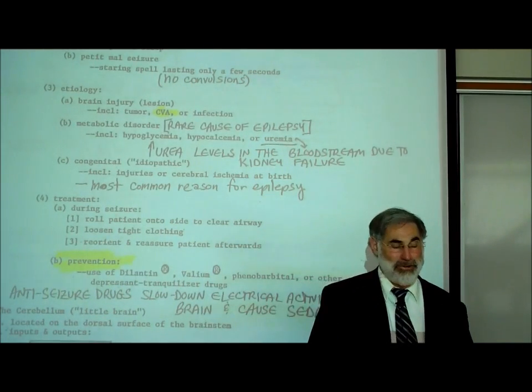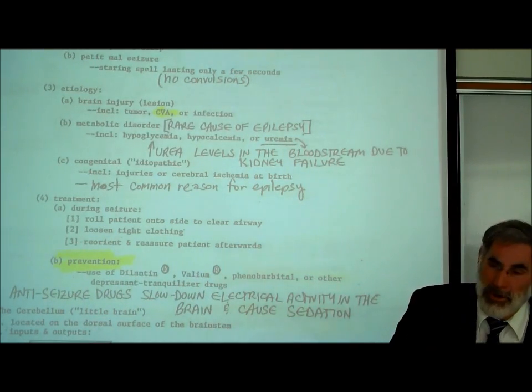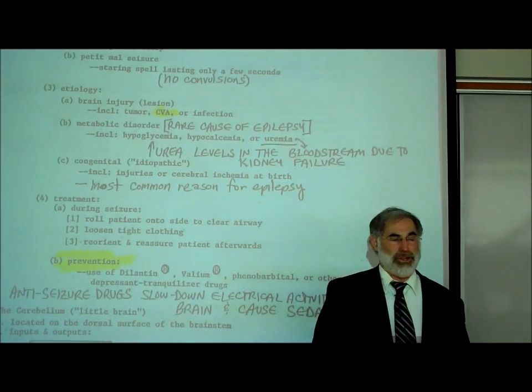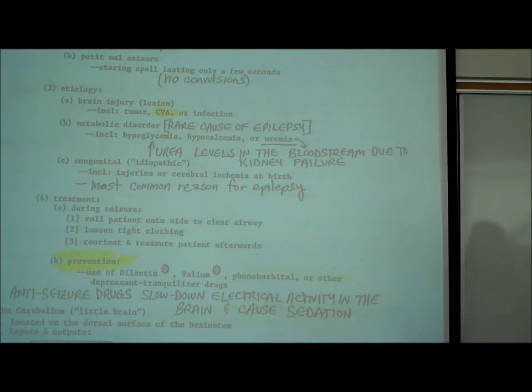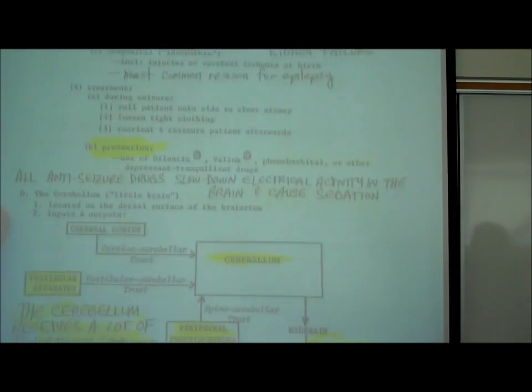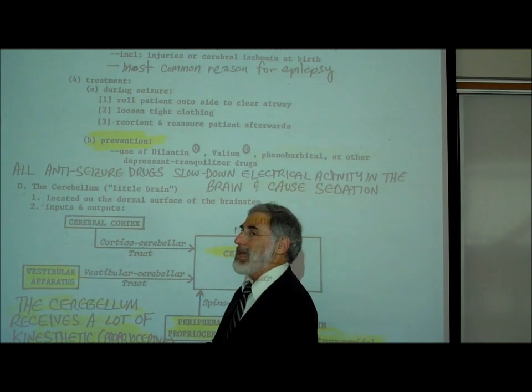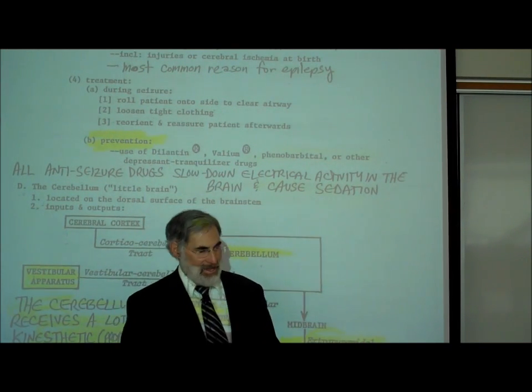What does congenital mean? It means it's there from birth, and they really don't know what the cause is. Now, as far as the treatment of an epileptic seizure, really there's nothing you can do once the seizure begins.